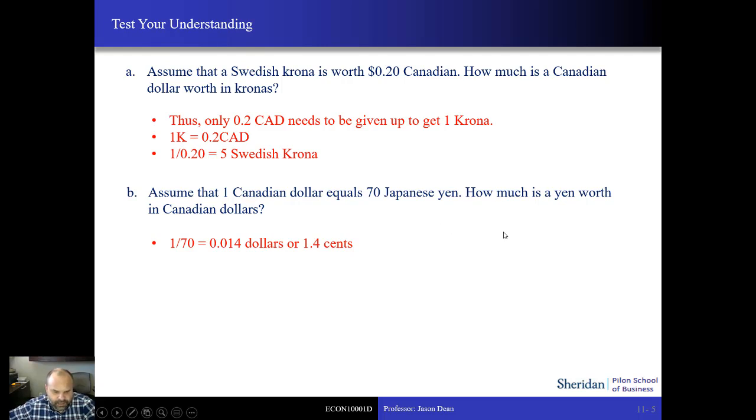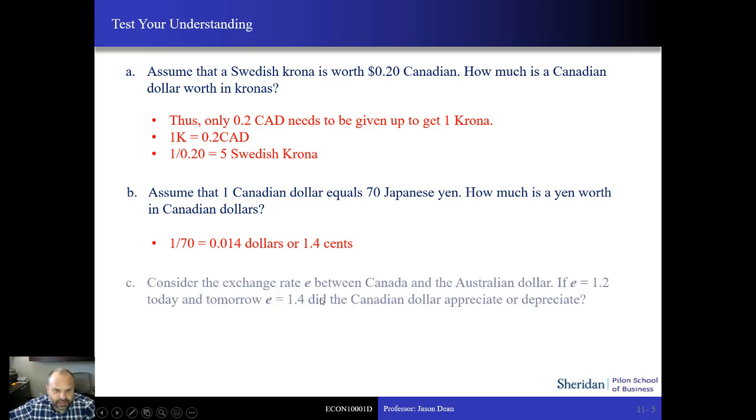And if you think of the money being put on a table, we'd have 1 loonie on the table and then we'd have 70 Japanese yen. So obviously each yen is only worth a small fraction of what a Canadian dollar is. Okay, so if we want to know how much a yen is worth in Canadian dollars, then we take 1 and divide it by 70. And we get 1.4 cents.